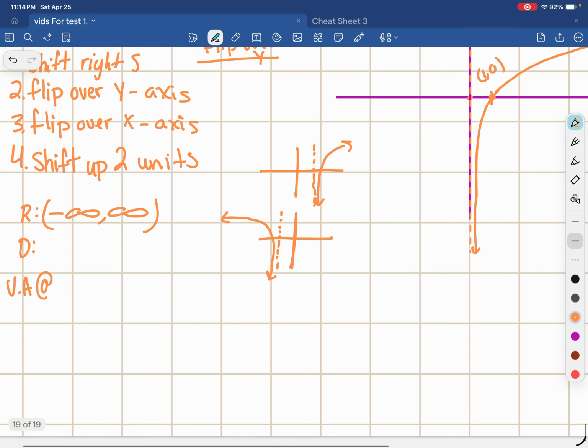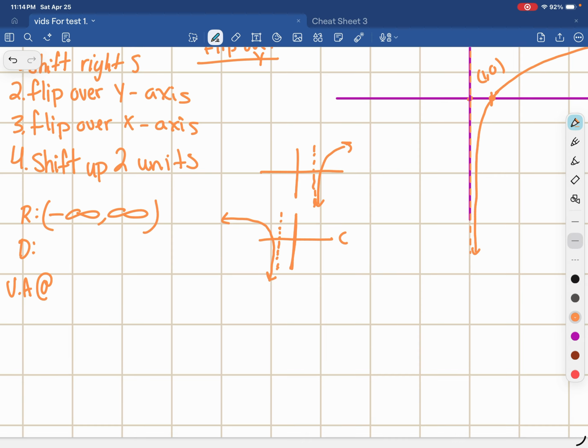Now, if we apply the last one, which is flip over the x-axis, our vertical asymptote is no longer affected, right? Because this is the x-axis. What is affected is the way that our graph will look. So if we draw it out again, it should have a weird look to it, similar to this.